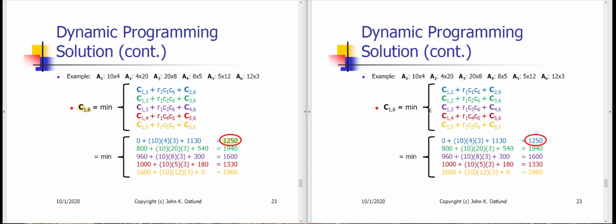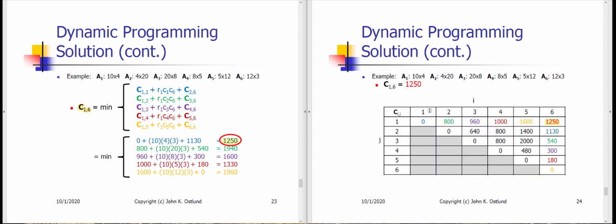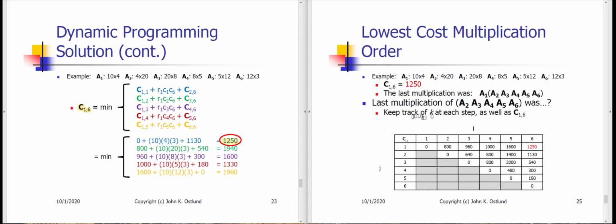Now, it gets more complicated, obviously, as you get more and more arrays involved in your product. And what you have to do is to keep track of the k that you select at each step.